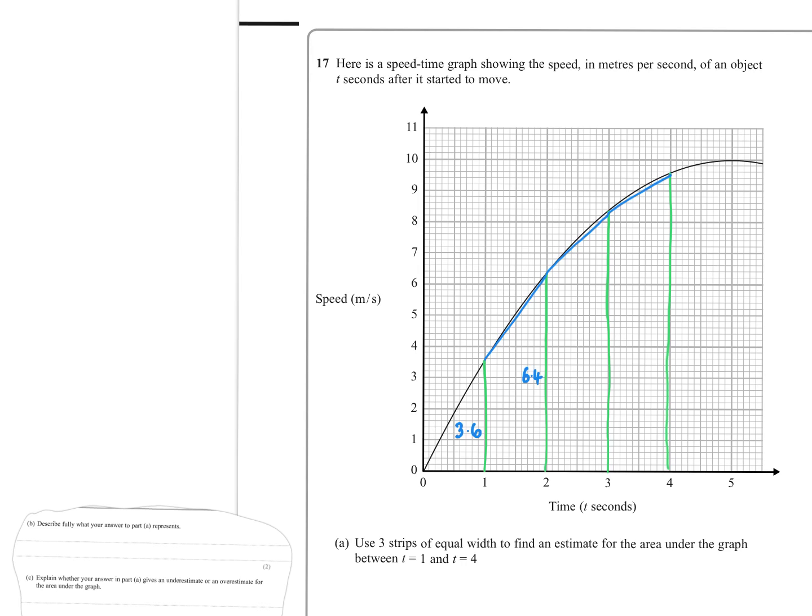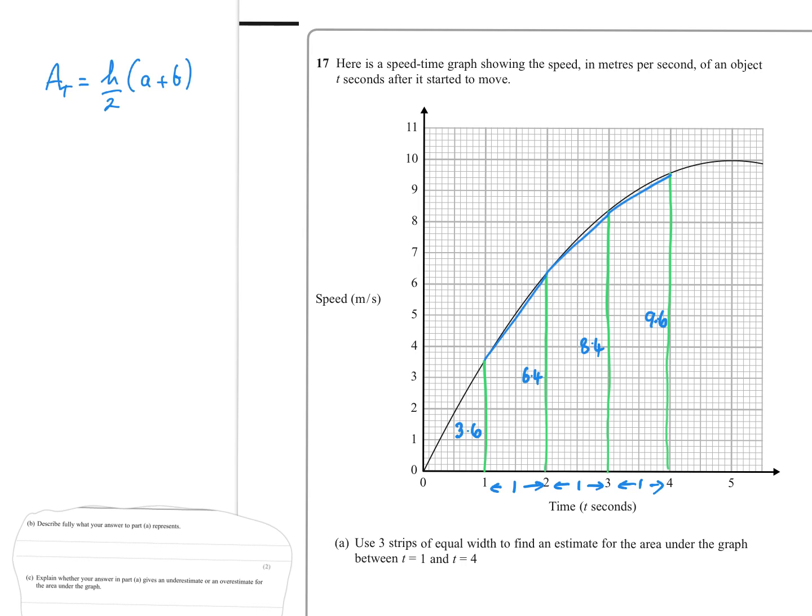And then I think that's 8.4, and then 9.6. And the heights of them are all common. They're all 1. So the area of a trapezium is height over 2 lots of A plus B.